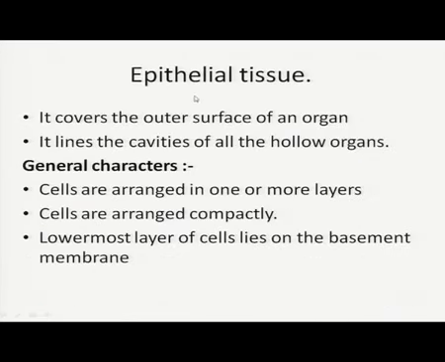Now, first category, the epithelial tissue. It covers the outer surface of an organ. Moreover, it forms a lining layer on the cavities of all the hollow organs. Now, what are the general characters or salient features of this epithelial tissue?